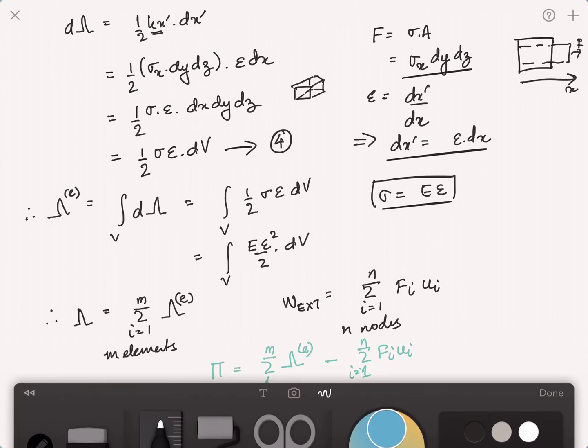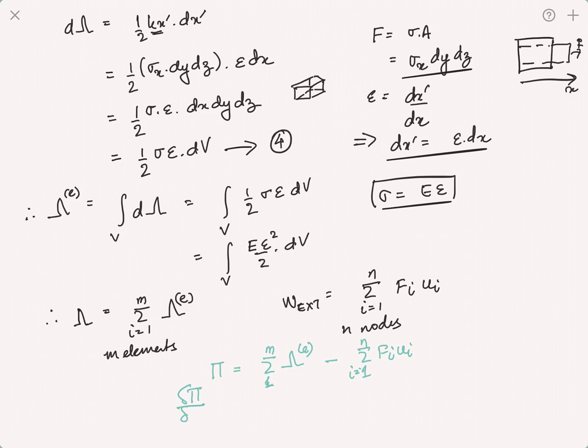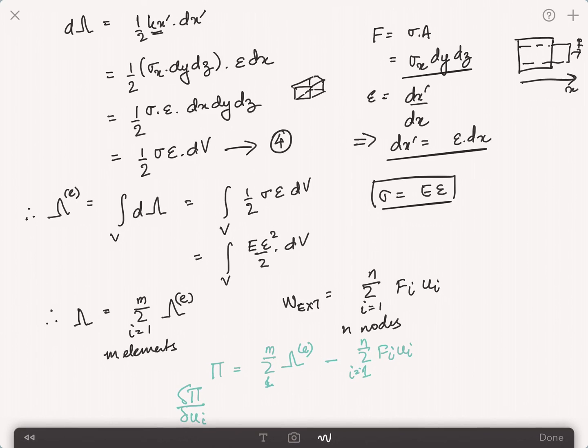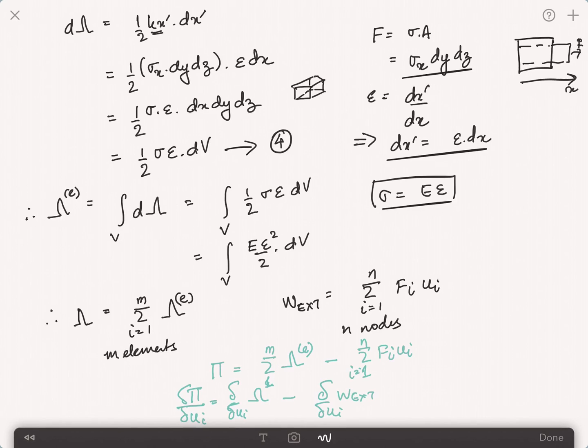So coming back here, we need to do a minimization of the total potential energy with respect to every displacement in the system. So we can do a minimization of the strain energy of the system as well as the work done externally in the system.